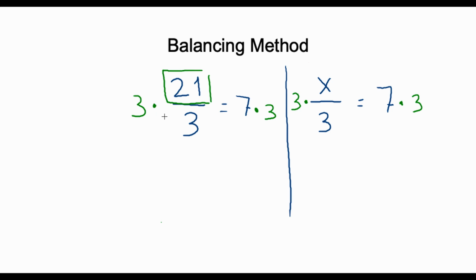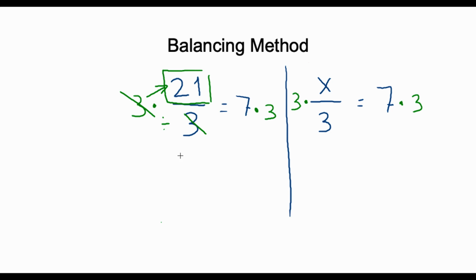Okay. Now on the numerical side, you can do it two ways. You can multiply the 3 with the 21, but then you have to divide it by the 3 here. Or you can simply cross out the 3 that multiplies with the 3 that's dividing, because in the end they cancel out into 1 whole.